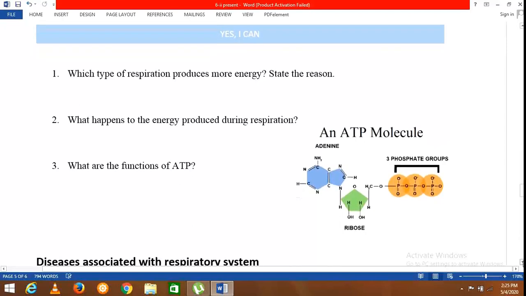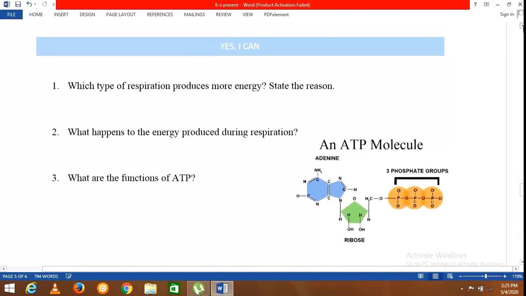So the energy stored in ATP is used for different requirements: movement of the muscles, the active transportation of certain substances in the body, and for the chemical reactions that take place in our body.